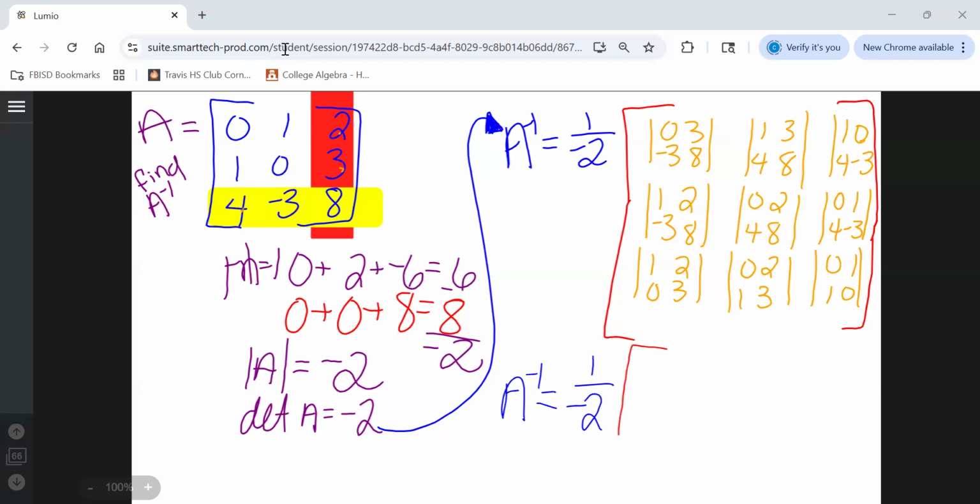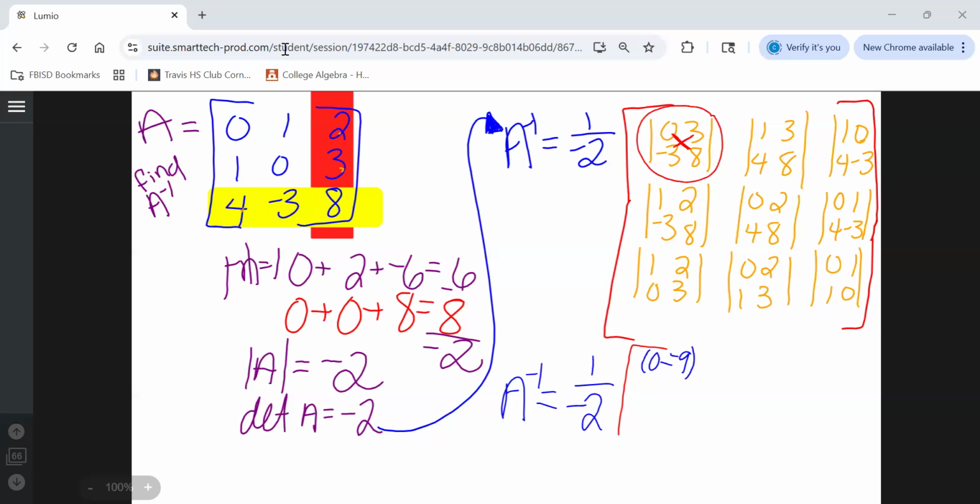So here in this determinant, we have the diagonal here, 0 times 8, which is 0, minus this diagonal, -3 times 3, which is -9. Then we're going to have the same thing on this side.